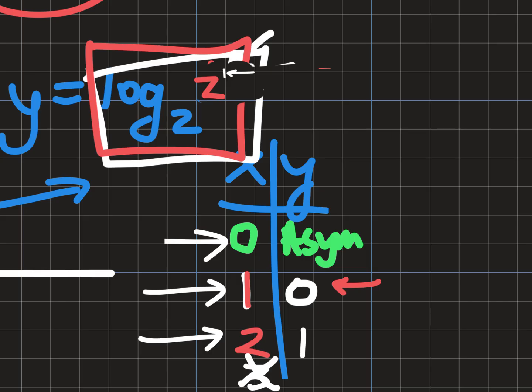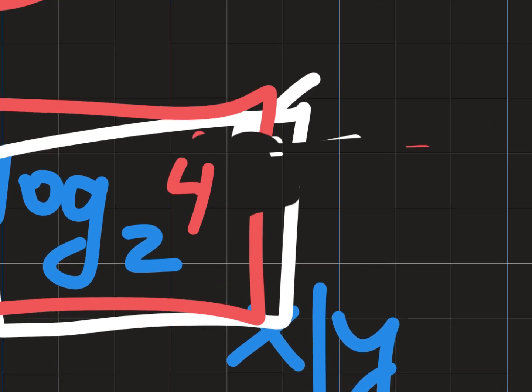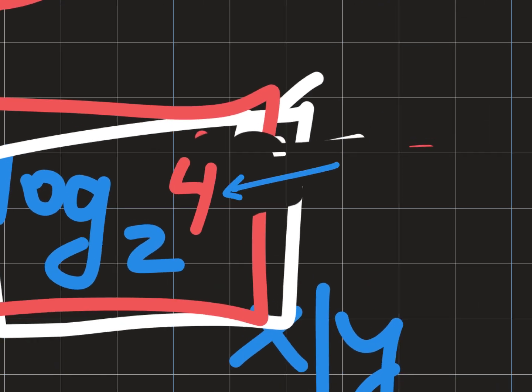4. Because then, if I put a 4 right here, where the x was, log base 2 of 4 is 2. I put in a 4, and I'm getting 2. Cool. Now, in case you don't know why that is the case, because if that 4 was made into 2 squared, then the bases would be the same.